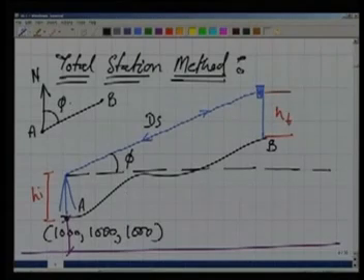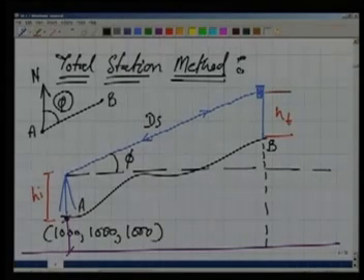Now using this theta, because we already know the sloping distance ds, we know the horizontal distance dh, because we know the angle in vertical.